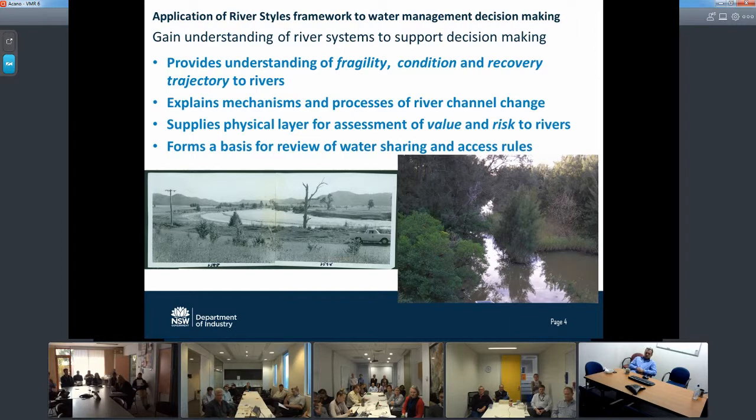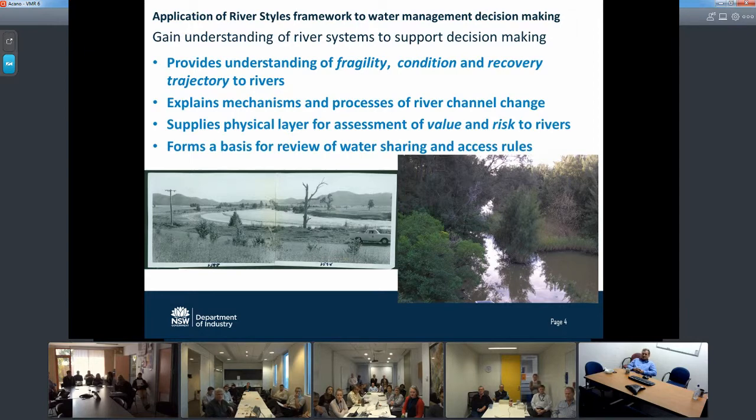By doing that, it allows us to categorise and classify rivers, which can provide really useful information. And the three I've noted in that first dot point relate to the inherent fragility of a river, that is its ability and susceptibility to adjust into some other condition, the geomorphic condition, which we've mapped right across the state, and then the potential for recovery.